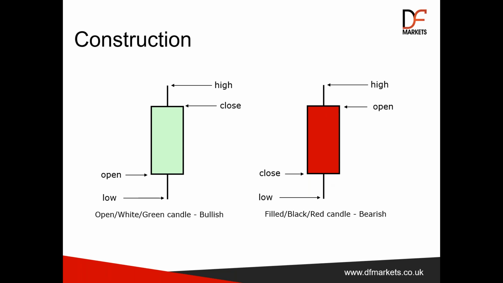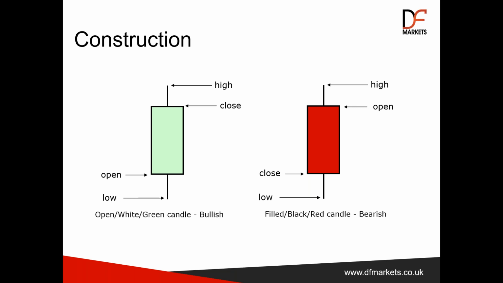So that's the simple construction of the candlesticks, and it's important to differentiate this from what you may see on quote boards, because you could actually have a red candlestick on a market that is still up on the day.